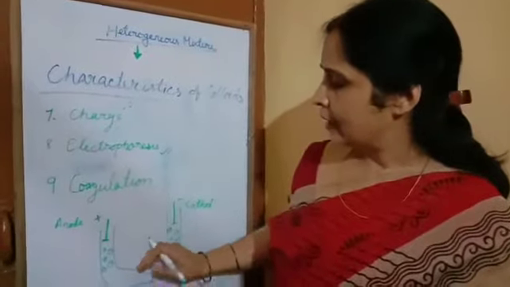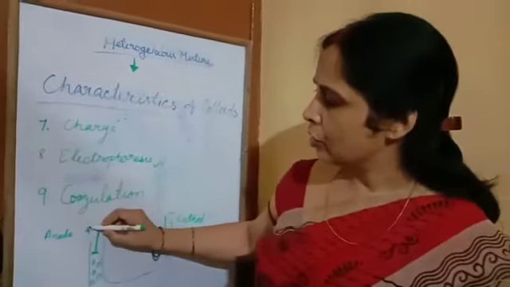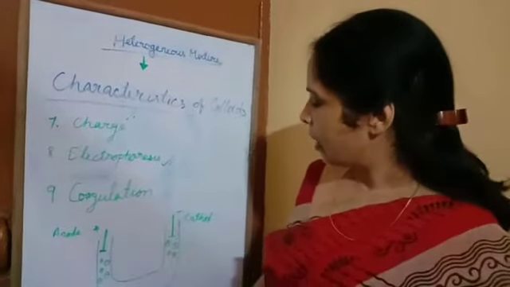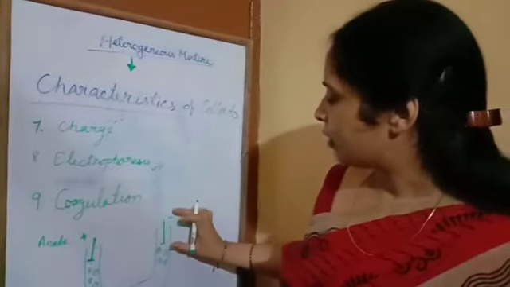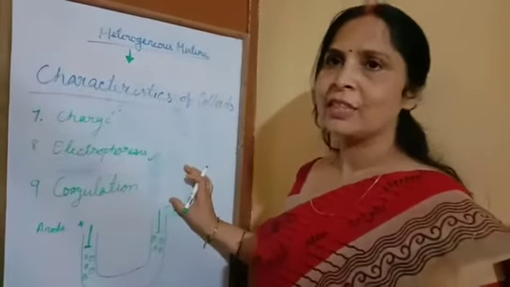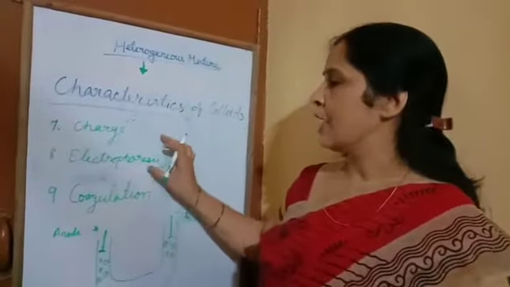You see that negatively charged particles are deposited at the positively charged terminal, and positively charged particles are deposited at the negatively charged terminal. This process we say electrophoresis.